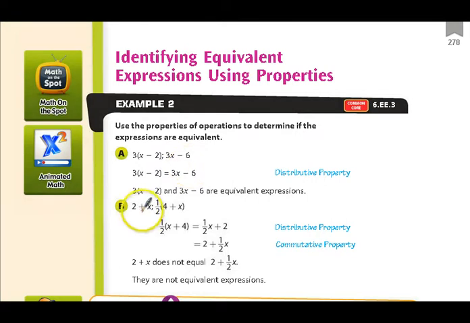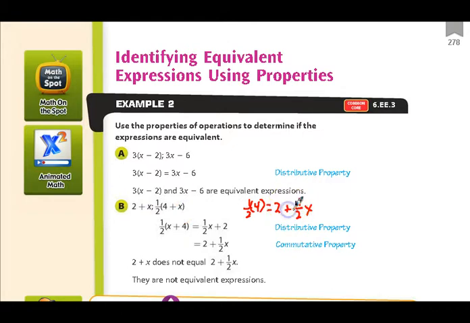The other example, I have 2 plus x, and we want to know if it's equivalent to 1/2 times 4 plus x. So the first step we need to do is distribute this 1/2 times the 4 and times the x. So 1/2 times 4. What's 1/2 of 4? 2. And then we have 1/2 times x, which is going to be 1/2 x.